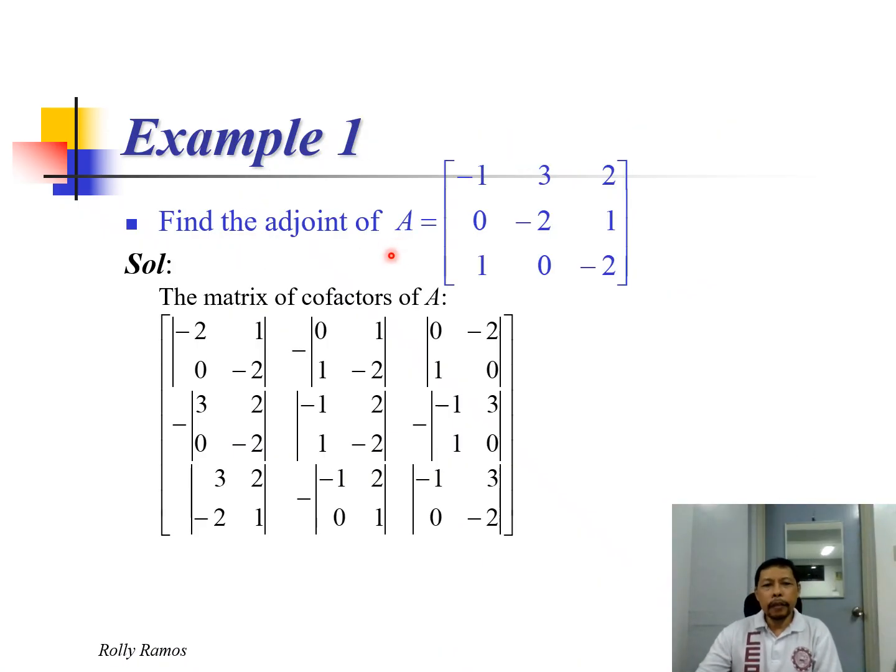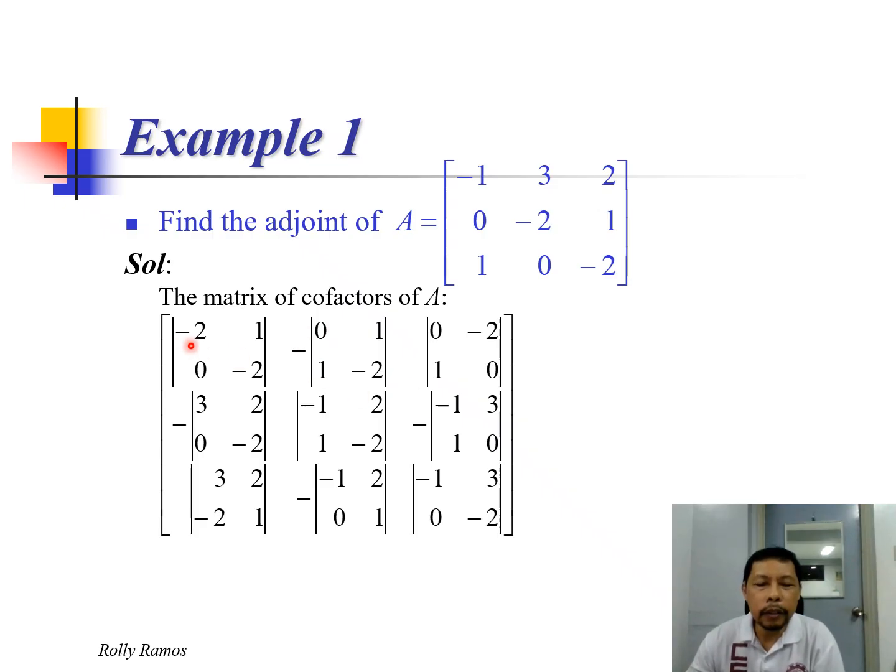Okay, example: find the adjoint of A, which is a 3 by 3 matrix. So first, we have to find the cofactors of all these elements, which is found by removing this row and this column. So this one will remain. This is this matrix here: negative 2, 1, 0, negative 2. Removing the first row, second column will give us 0, 1, 1, negative 2, which is this one.